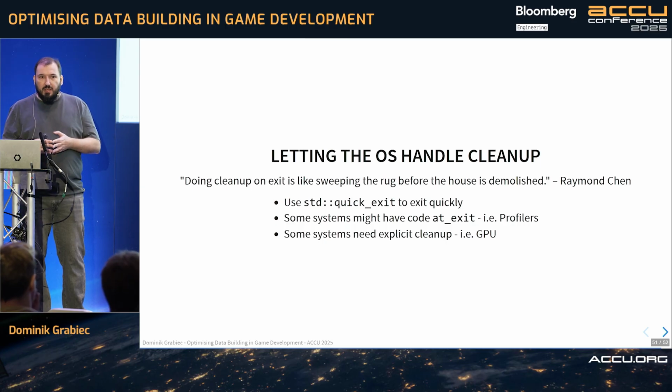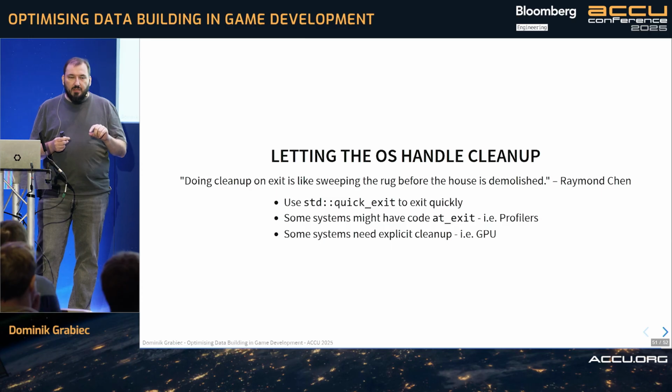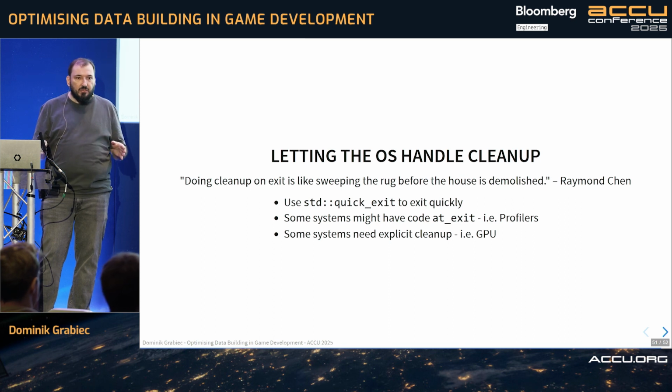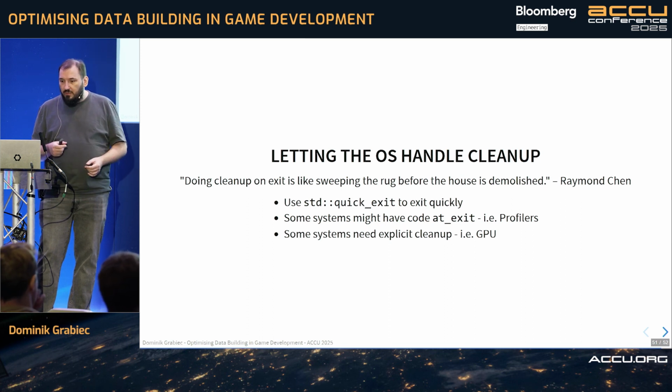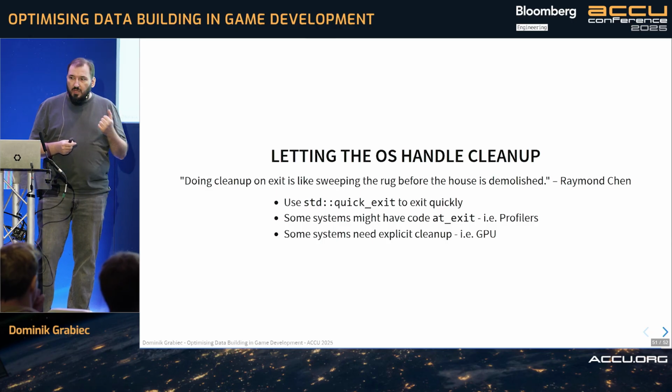And things that have at-exit hooks, like, for example, the VTune profiler, which ends up putting something in an exit. If you quick exit instead, you don't get the full instrumentation saved correctly. So if you can do quick exit, do it. Otherwise, you end up needing some sort of workaround.